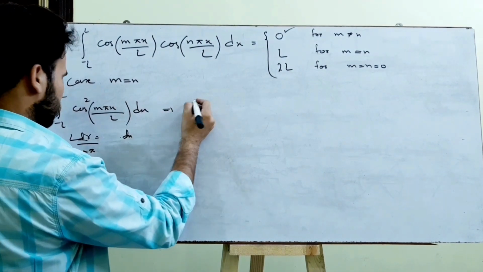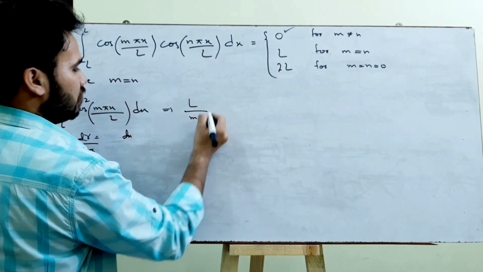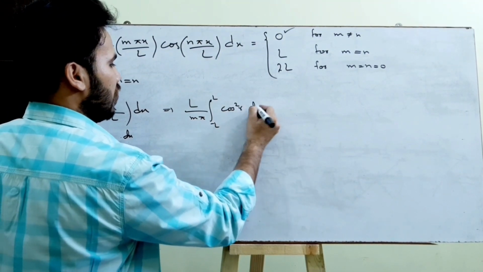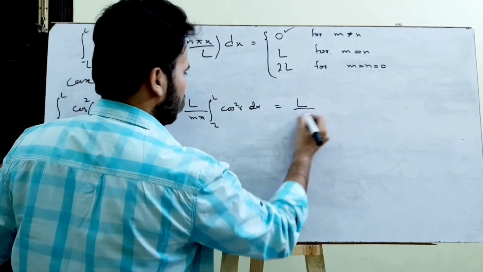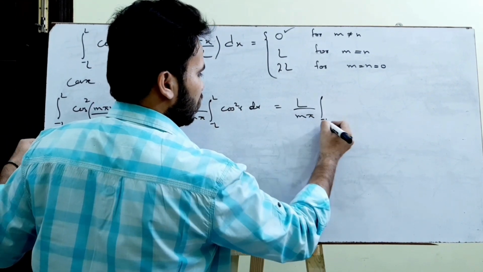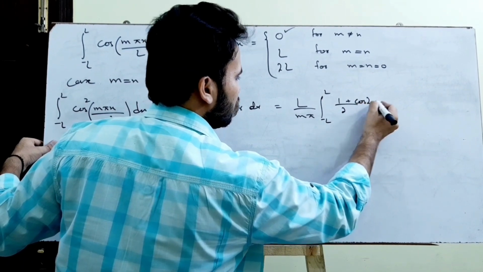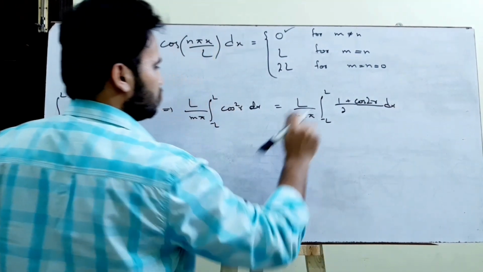So this will be L over m pi, integral of cosine square r dr, or we can rewrite this as L over m pi, integral of 1 over 2 plus cosine 2r over 2, dr.